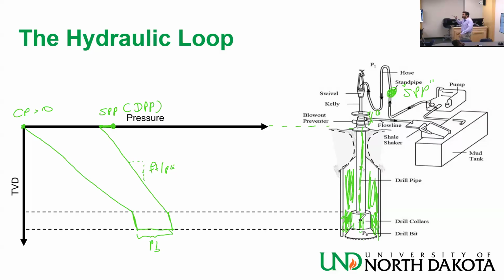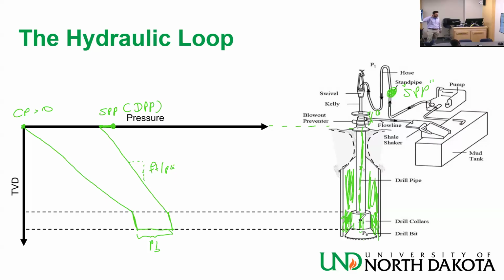It's going to be different values, so the slopes will change, etc. But because now you are going down from the annulus, you are losing friction and gaining weight here. So this is going to be a different slope, and then this will be a different slope. But still, the overall shape of the hydraulic loop will look like this.